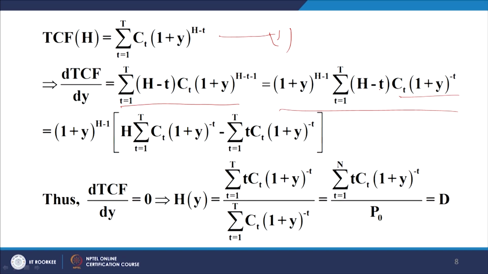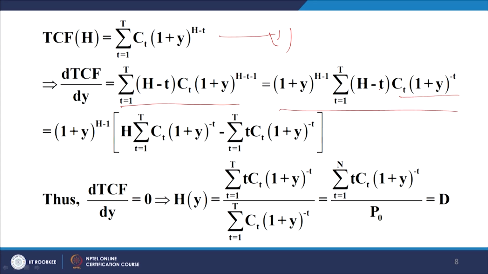Why? Because h is independent of the summation index small t, and therefore I can take it outside the summation in the first expression. In the second expression, of course, I cannot do that because it involves the product of c t and t, and we are summing over t. So, I cannot take t outside the summation in this case.